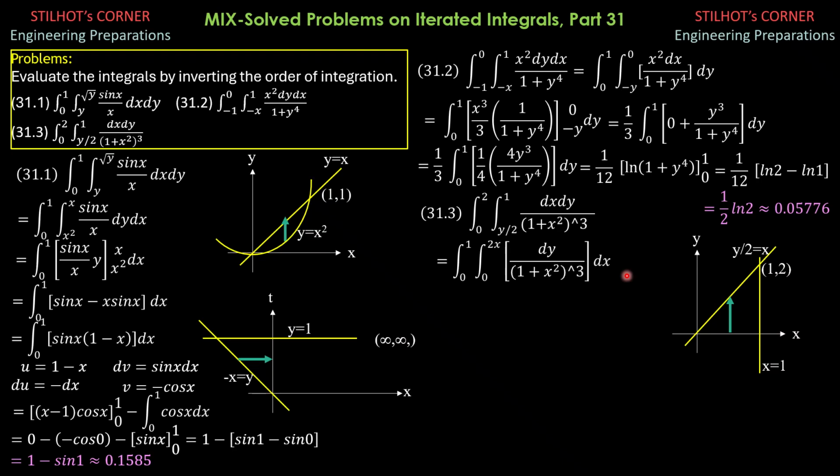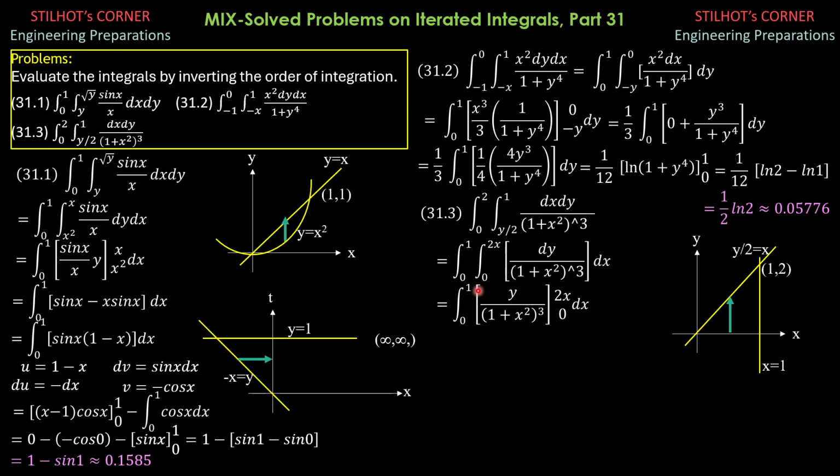So we have integral 0 to 1, then quantity y over 1 plus x squared cube from 0 to 2x dx. So when y is 2x, this is 2x over 1 plus x squared cube.